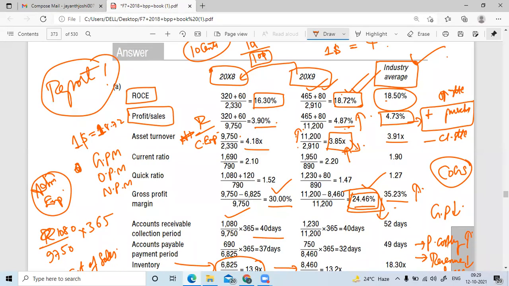If I have to say, you understand one point. 9.7 by 2.3 and 11.2 by 2.9. So let's say this one 3. For a 2.3 dollar investment, you are able to generate, let us make it round figure, 10 by 2 and 11 by 3. That means here you are spending $2 getting like $10 of sale, $3, $11 of sale.